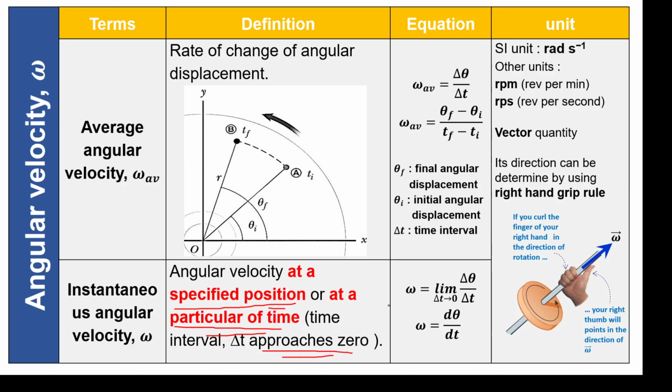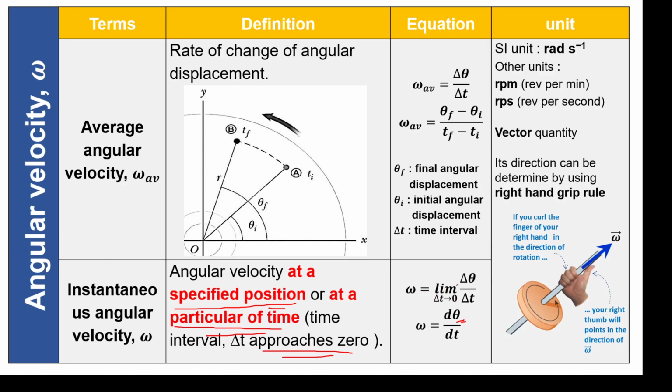How do we do this mathematically? It is when we differentiate the angular displacement, or when the limit is approaching 0. So you find the instantaneous angular velocity by differentiating, or by taking the limit as delta t approaches 0.